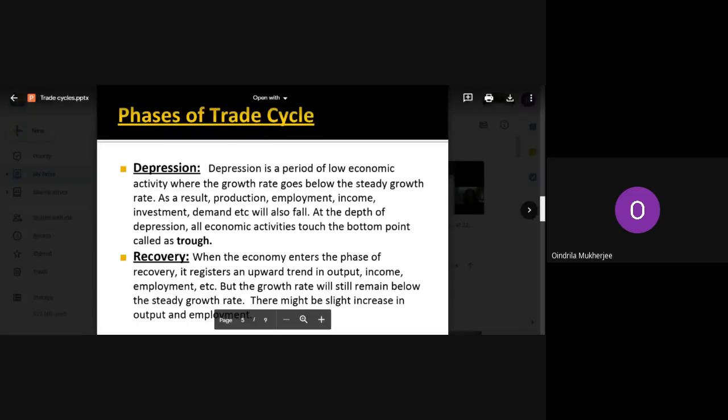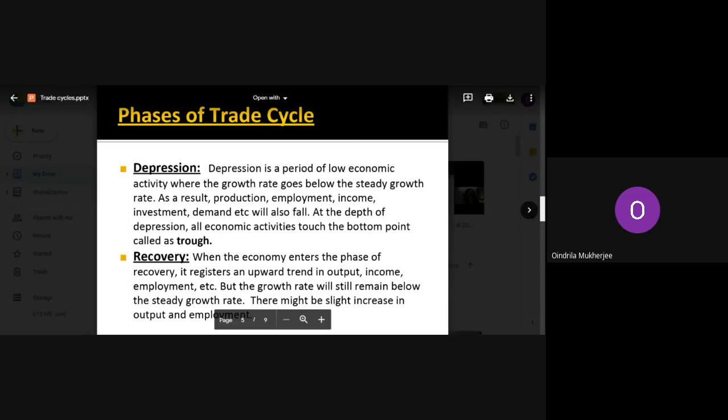Improvement in our output, employment, etc. Any other answer? Trupti has answered as improvement in output and employment. Shares has answered as it regains and exceeds peak.